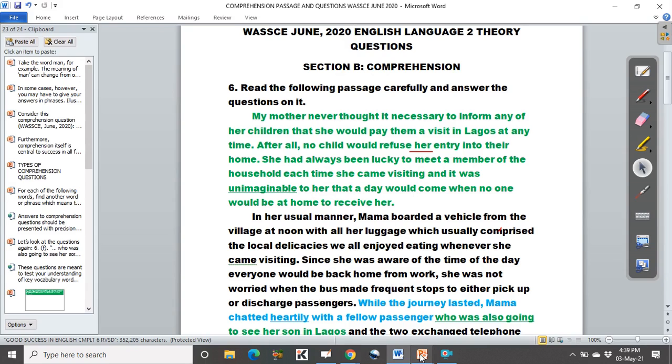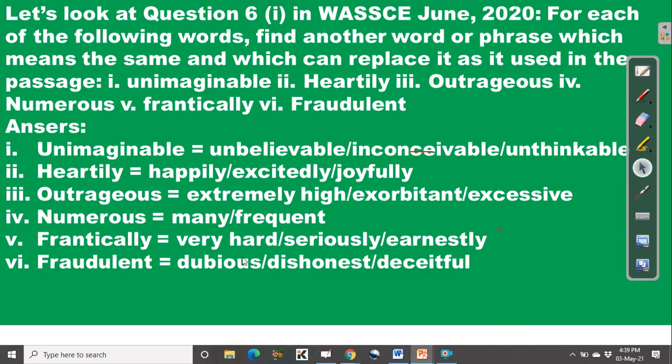So that is exactly how to figure it out. Unimaginable can be unbelievable or inconceivable or unthinkable. But you have to pick just one. Don't line up words like this. I just wrote this for the purpose of teaching. So if you pick unbelievable, then you have to strike these ones out. And that will be your answer.